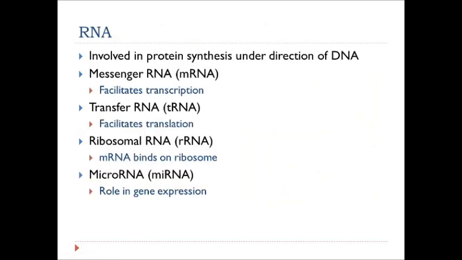RNA is involved in protein synthesis. DNA kind of provides the instructions for that. There are 4 different types of RNA. There's messenger RNA or mRNA, and that's going to facilitate transcription. So it will take that complementary strand of DNA and form a strand of RNA that matches it.